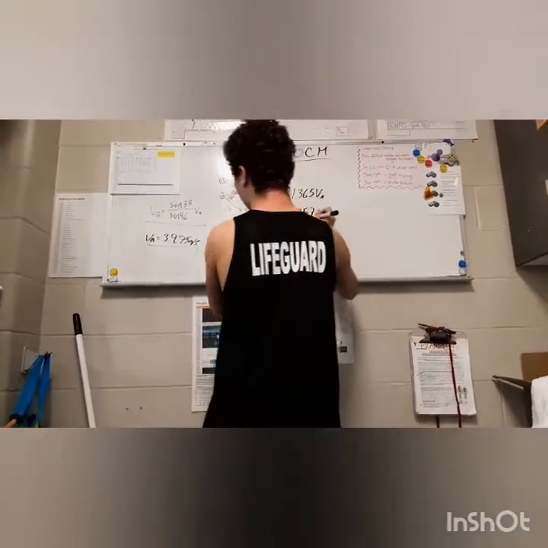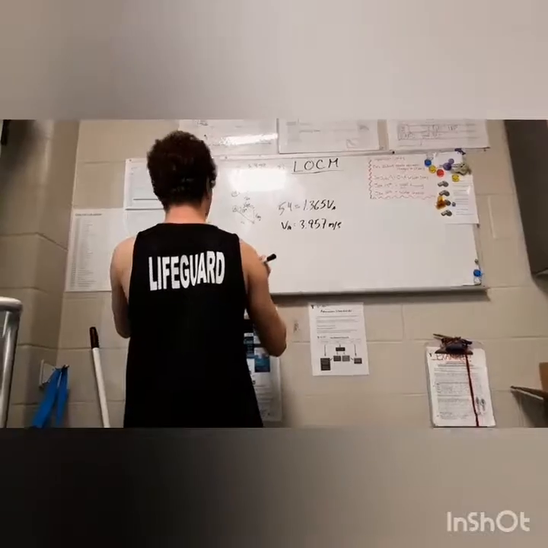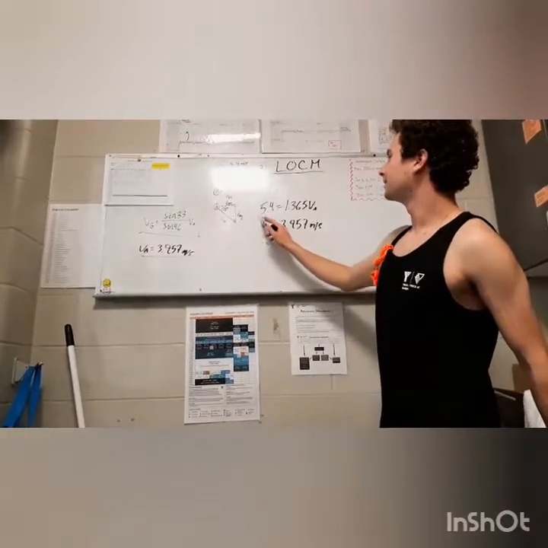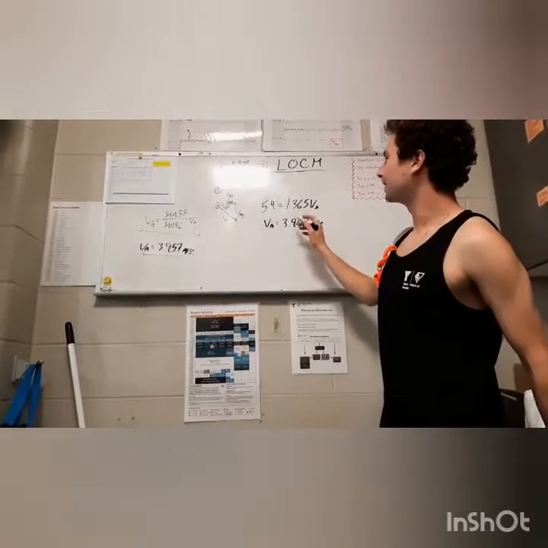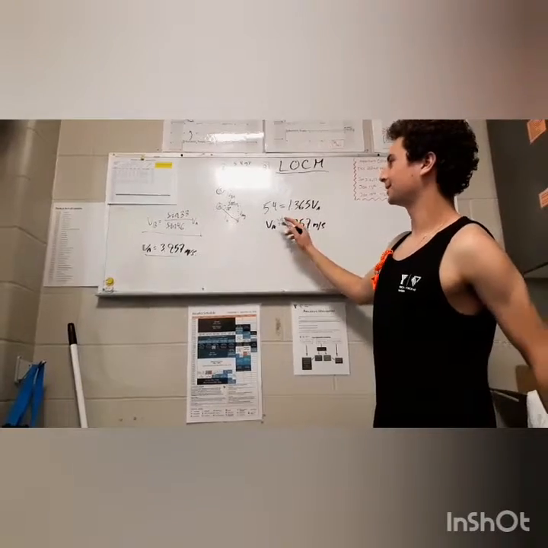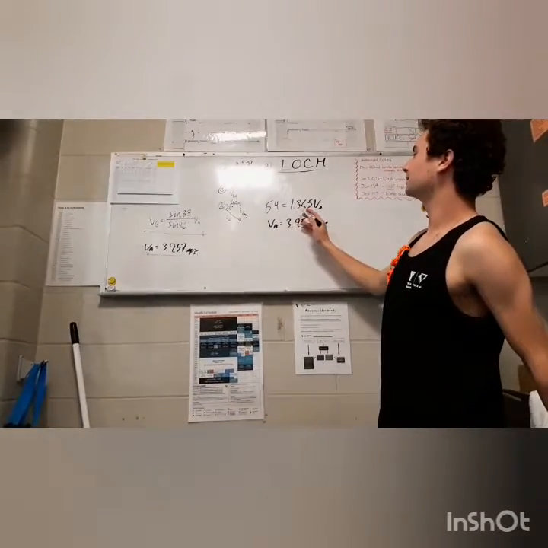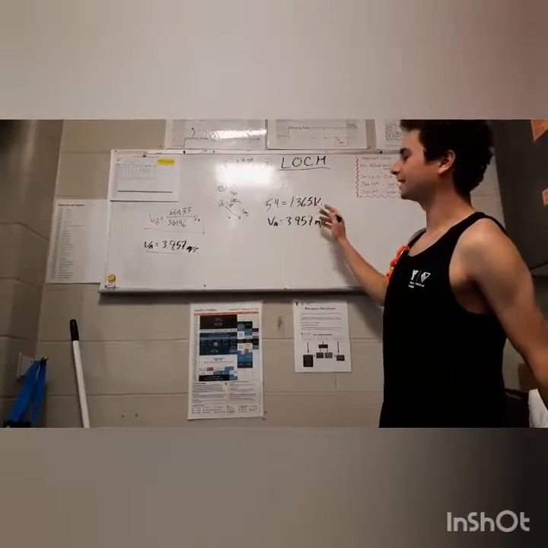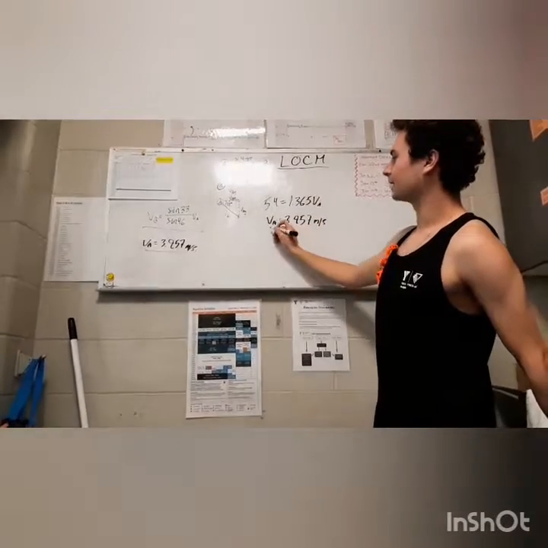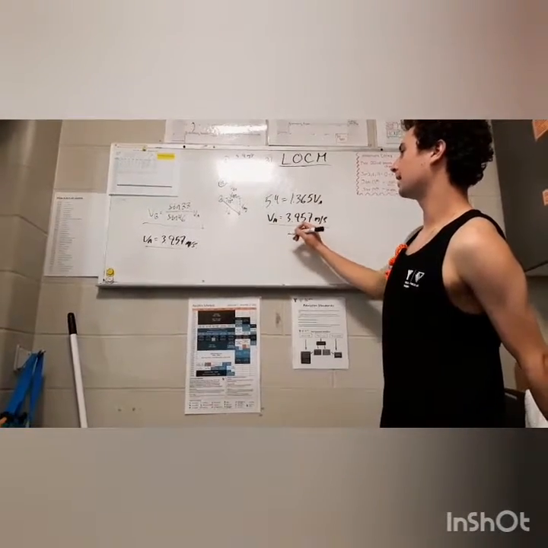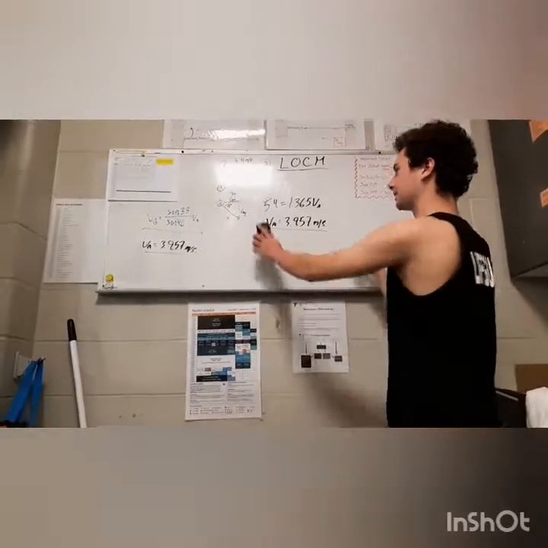Look at Jacob being all smart. Okay, so the values we'll get, actually I made a mistake. 5.4 is going to be equal to 1.365 VA. So that'll give us a velocity of 3.957 meters per second.